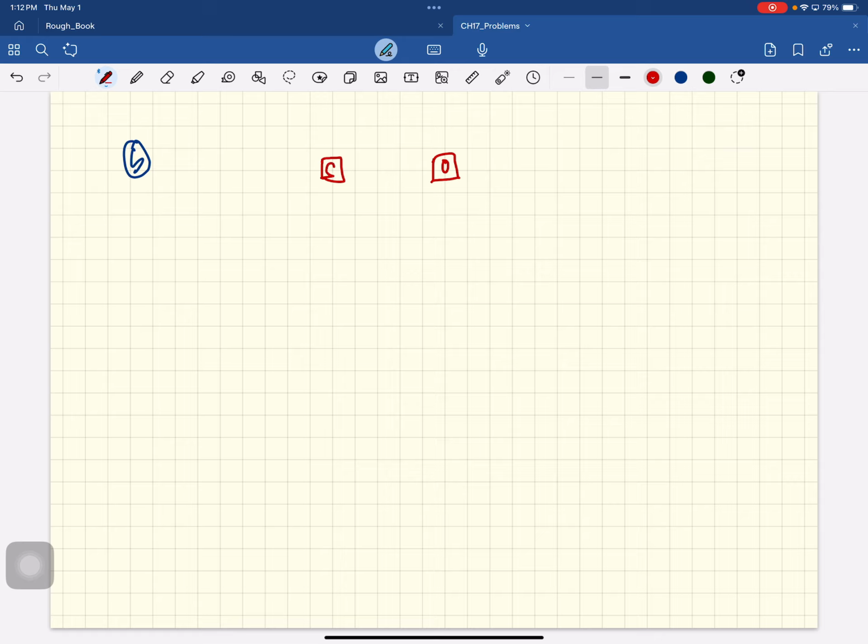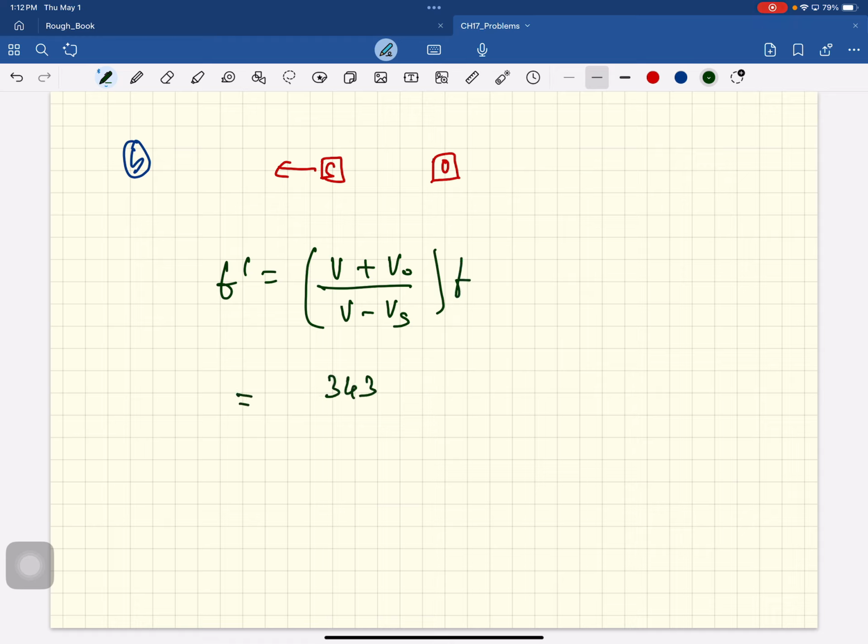So this time the source is moving away from the observer. 343 over 343 plus 333.